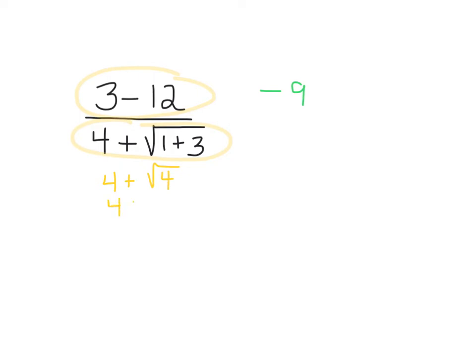That's 4 plus 2, and 4 plus 2 is 6. So in our denominator here, we have 6. And we should simplify from there. Both are divisible by 3. So negative 3 over 2. So again, that grouping symbol, the fraction bar, then had to be broken down further because there was another grouping symbol underneath the fraction bar.